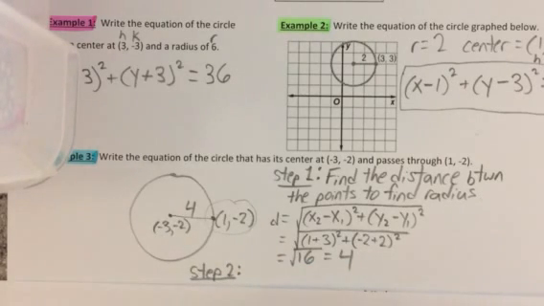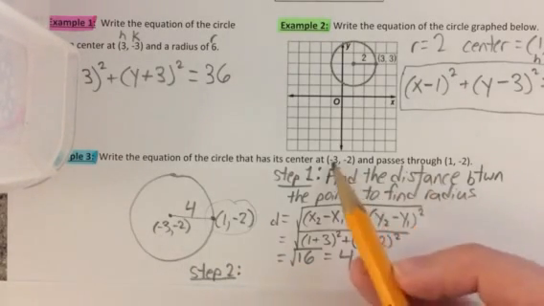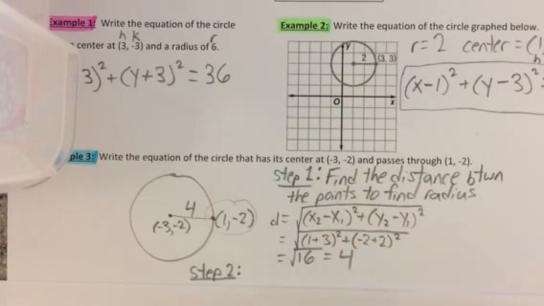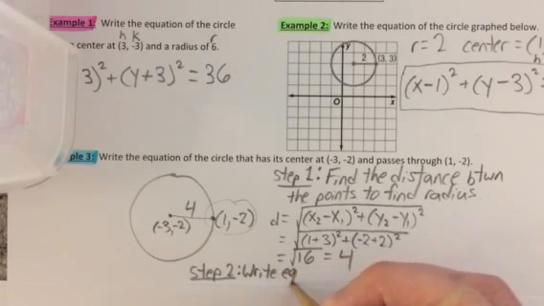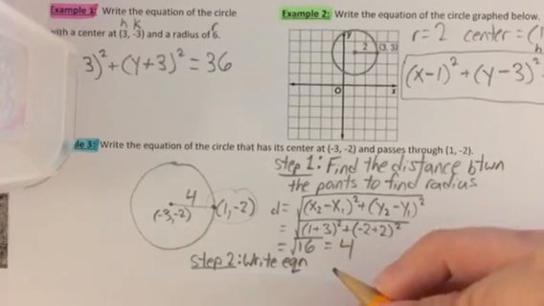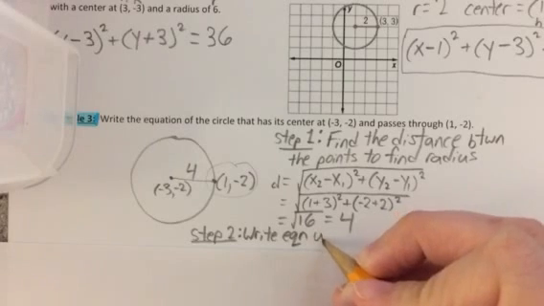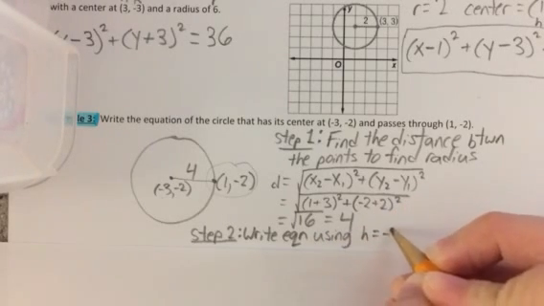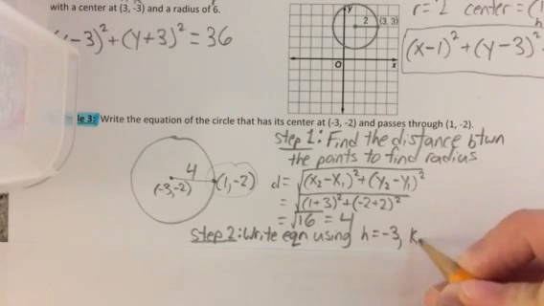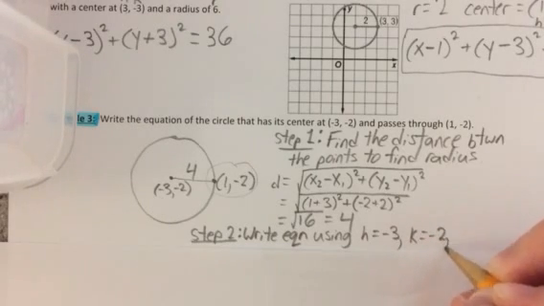Step 2, we'll write our equation using our h and k as the center point and r for my radius as 4. Write equation, using h equals negative 3, k equals negative 2, that's my center point, and r equals 4.